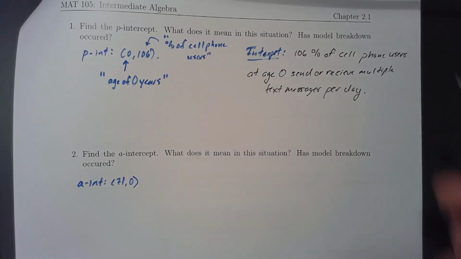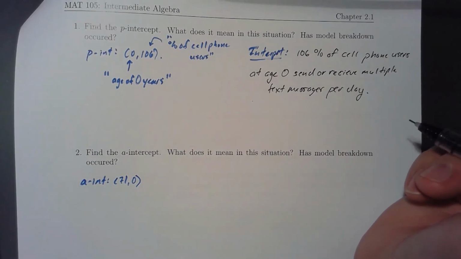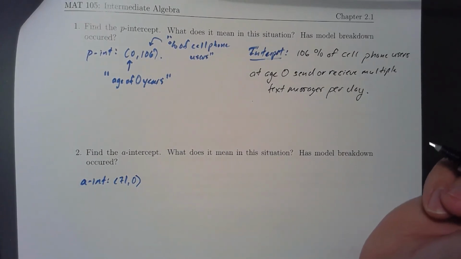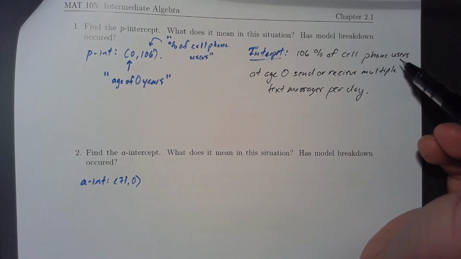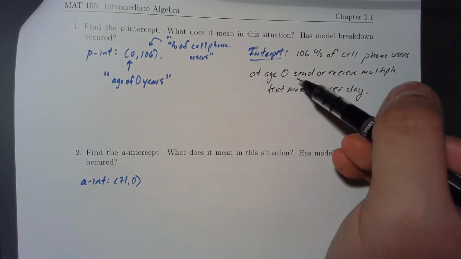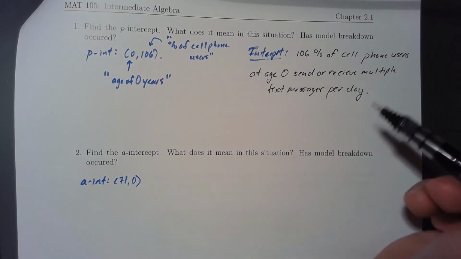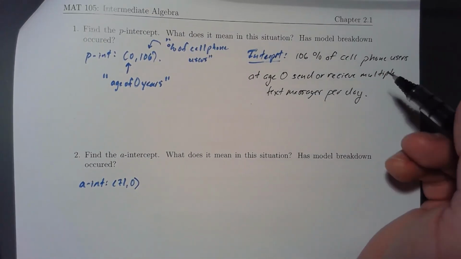Has model breakdown occurred? Yes, it has. Why? Well, think about it. 106% of cell phone users at age 0. That's saying 106% of newborn children send or receive multiple text messages per day. That's not possible. Newborn children can't send text messages.